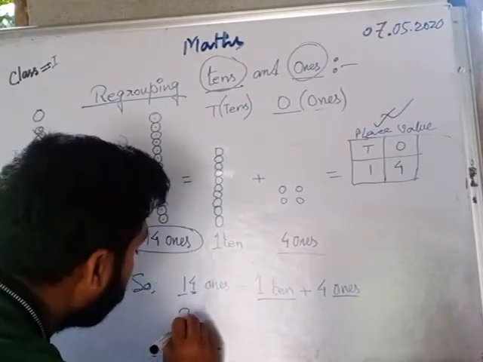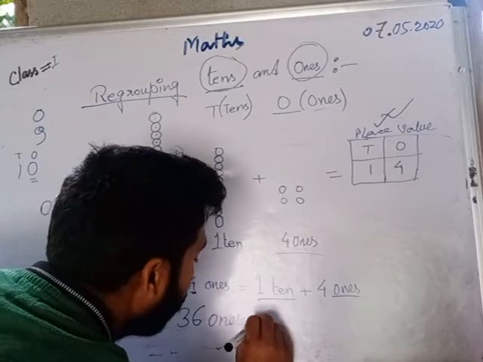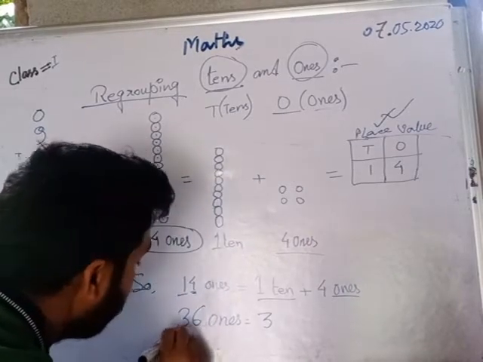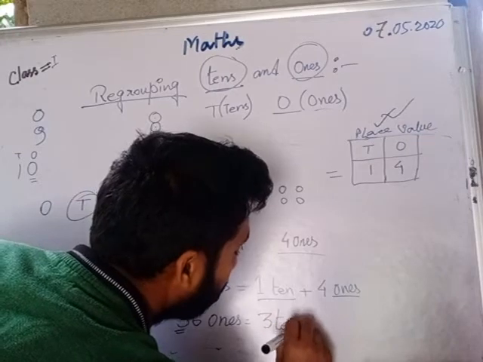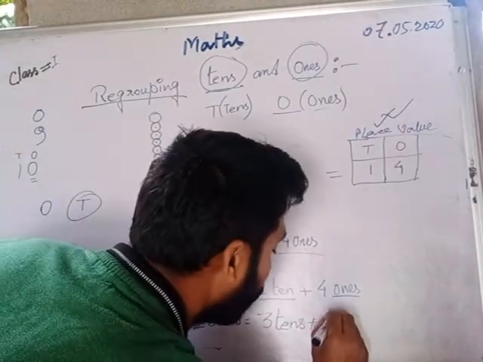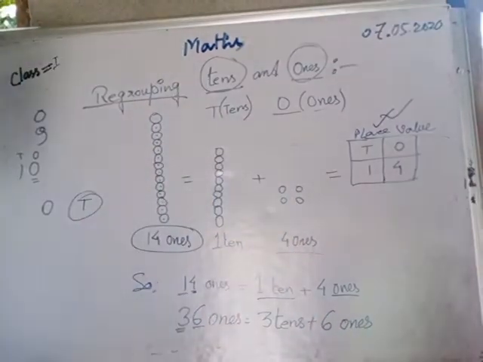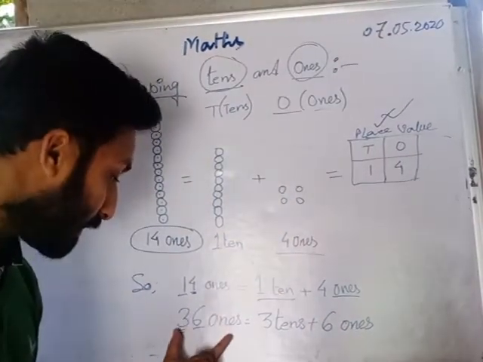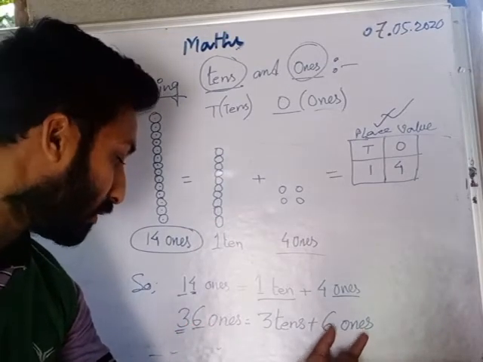If it is 36 ones, that means 3 is at the place of tens. So we should write here 3 tens plus 6 is at the place of ones, so we should write here 6 ones. You understand? If it is 36, that means 6 is at the place of ones, so we should write here 6 ones.